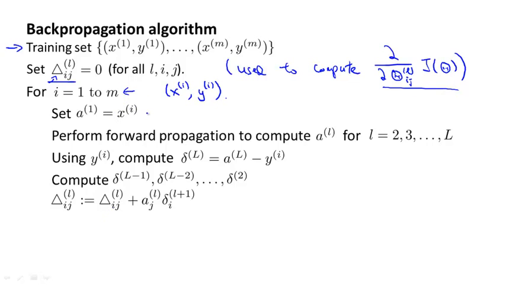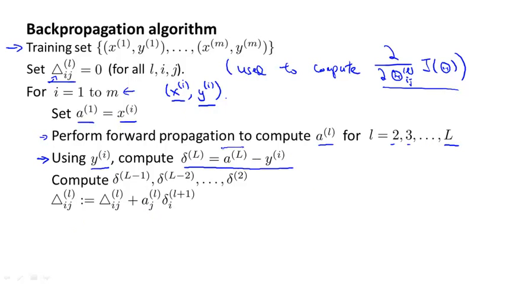For the ith iteration, we're going to be working with the training example x i, y i. The first thing we're going to do is set a1, which is the activations of the input layer, to be equal to x i, the inputs for our ith training example. Then we're going to perform forward propagation to compute the activations for layer 2, layer 3, and so on up to the final layer, layer capital L. Next, we're going to use the output label y i from the specific example we're looking at to compute the error term delta L for the output layer.